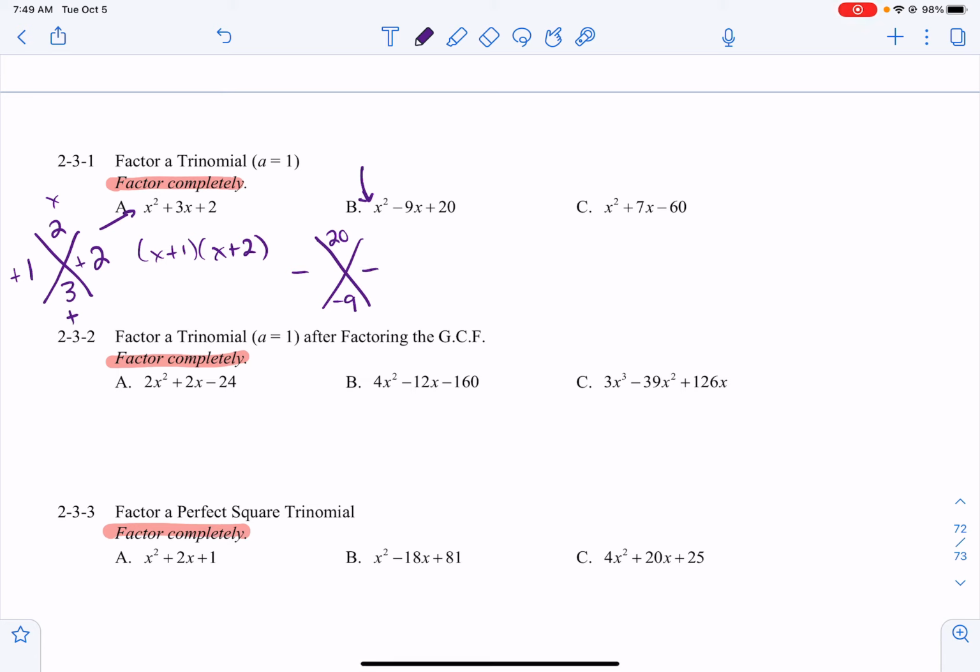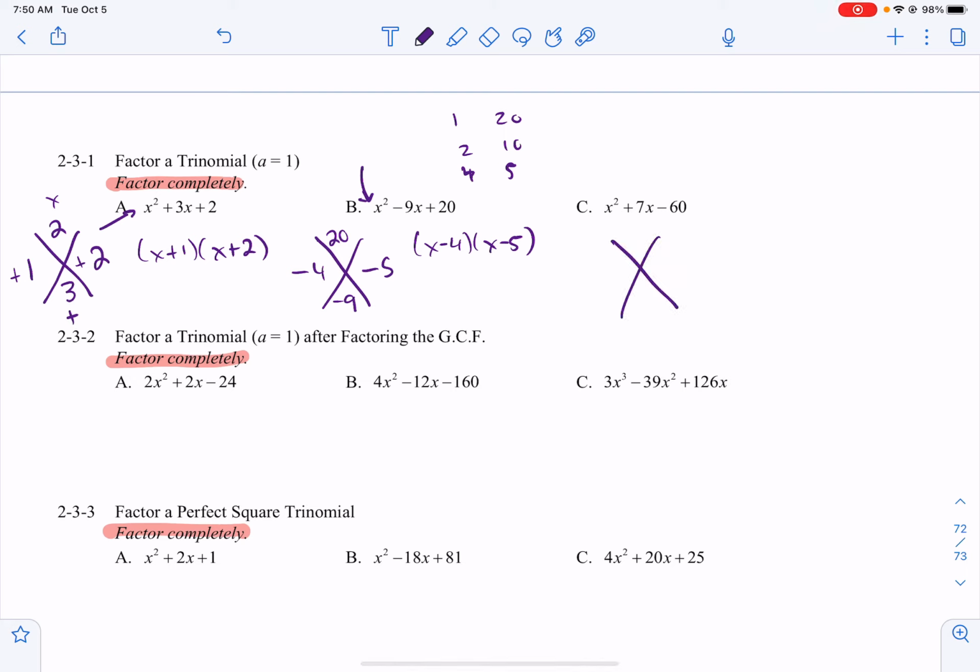And 20 is what? 1 times 20, 2 times 10, 4 times 5. And I think that's my numbers right there, 4 and 5. So x minus 4, x minus 5. Now, positive 4 and positive 5 multiply to 20, but they add up to a positive 9. We want a negative 9, so they both have to be negatives.